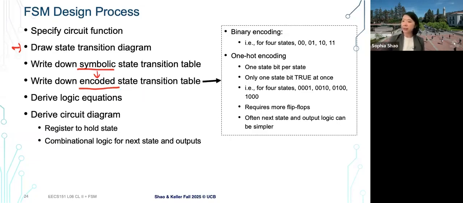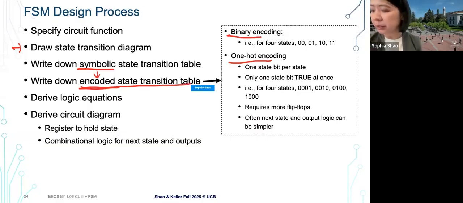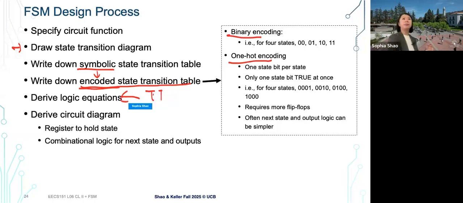We talked about binary encoding, what we discussed earlier. Sometimes you can also do one-hot encoding, depending on the different inputs that you have. Once you have this encoded transition table, this is basically just a truth table. And then you can do the typical simplification, everything we discussed before, and we'll talk about how you actually construct it in Verilog next lecture. But after that, it's basically how you get a combinational circuit to calculate both the next state and the output.